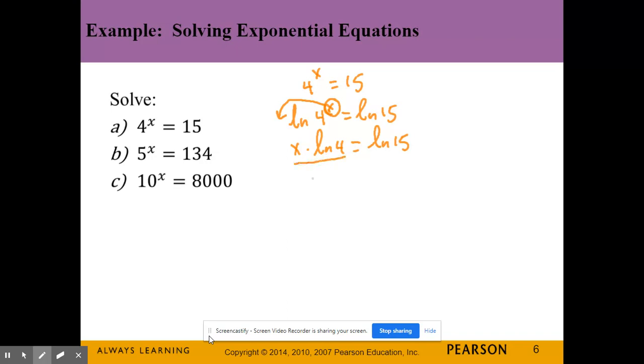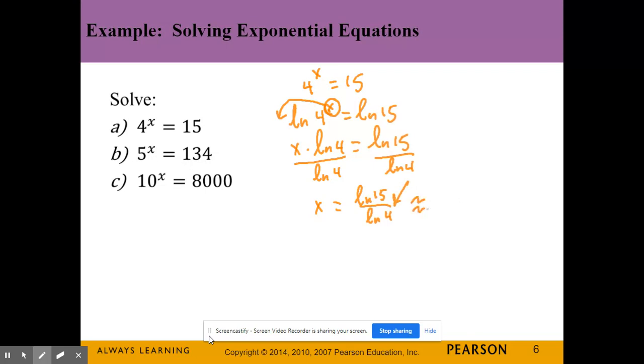Now I can divide both sides by natural log of 4, and then x is equal to natural log of 15 divided by natural log of 4. This is the exact answer: natural log of 15 divided by natural log of 4.